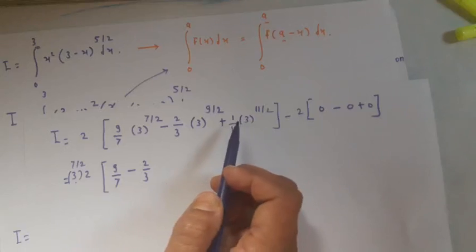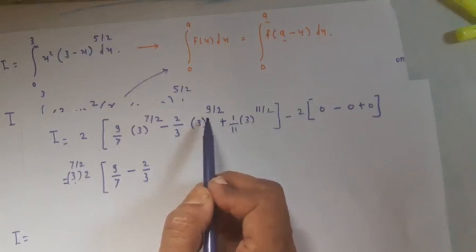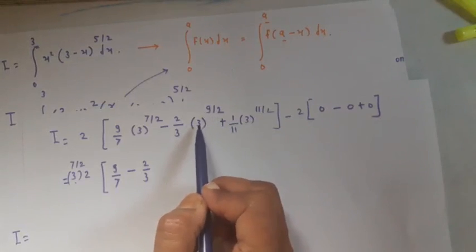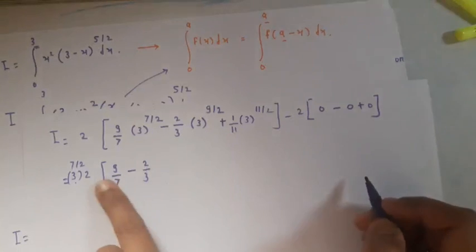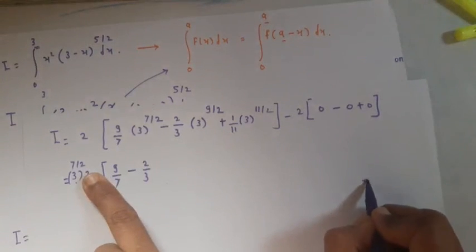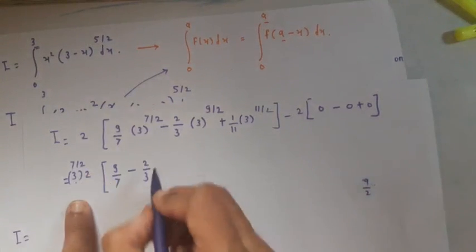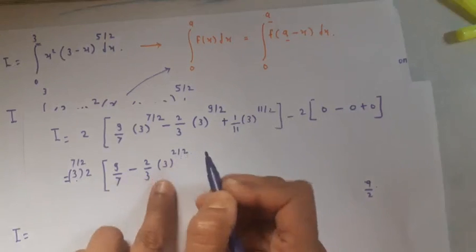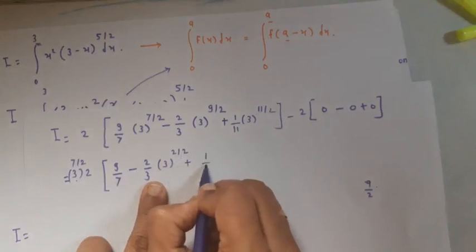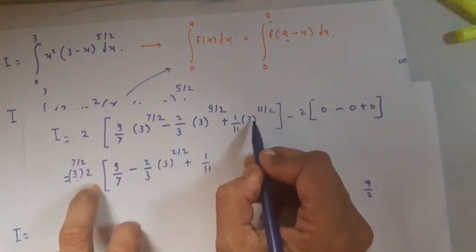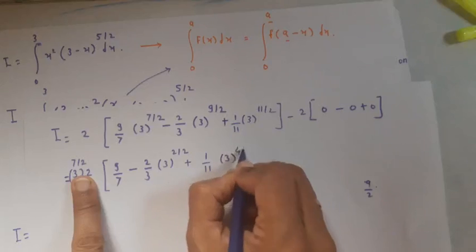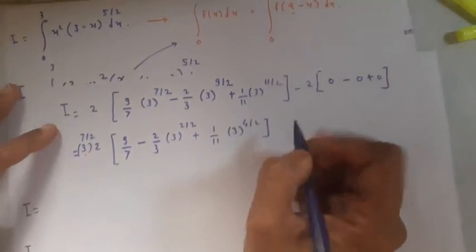So we have common out 7 by 2, that is 9 by 2 minus 7 by 2 means here remaining 3 raised to 2 by 2. Okay, plus 1 by 11 as it is, we have common out 7 by 2, and 3 raised to 4 by 2 will be remaining.